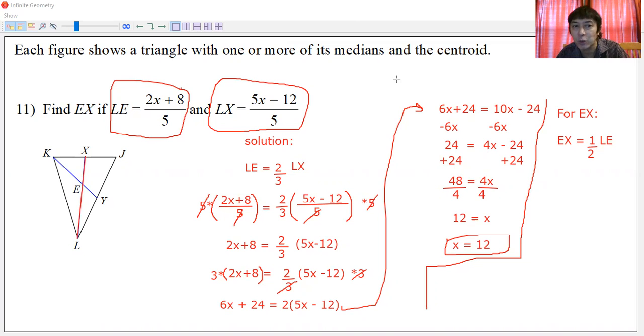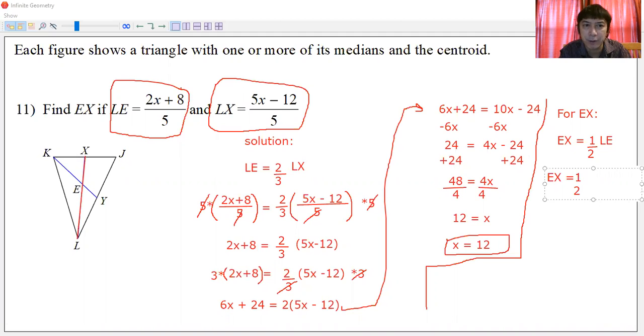And LE is 2x plus 8 over 5. So we can compute for the EX, all right? This will now be EX is equal to 1/2 of, this will be 1 over 2, okay, of 2x plus 8 over 5, okay?